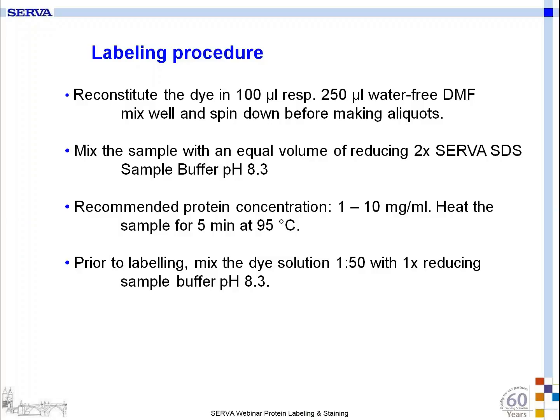The recombinant protein concentration is around 1 to 10 milligrams per milliliter, and you heat the sample for 5 minutes at 95 degrees. Prior to the labeling, before you put it to your sample, you mix the dye 1 to 50 with the reducing sample buffer, and then you go.